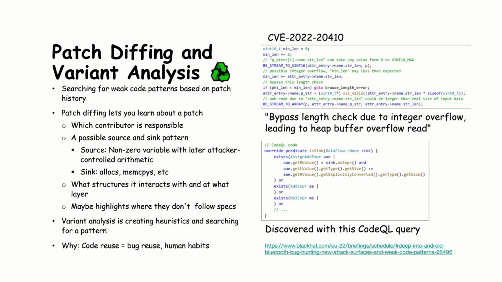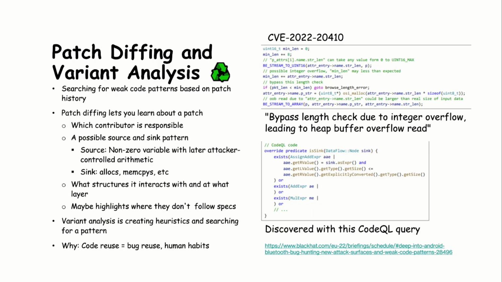So taint analysis can be used to find data flows and vulnerable patterns, but variant analysis can be used to find what you're going to use taint for and how you're going to make your taint analysis queries. A classic example is patch diffing.